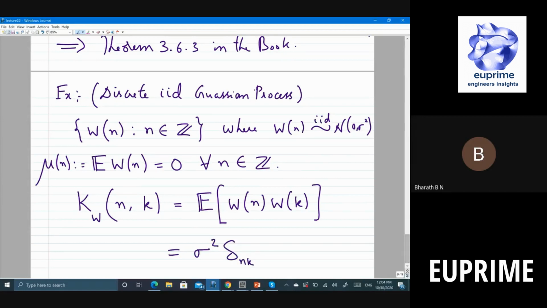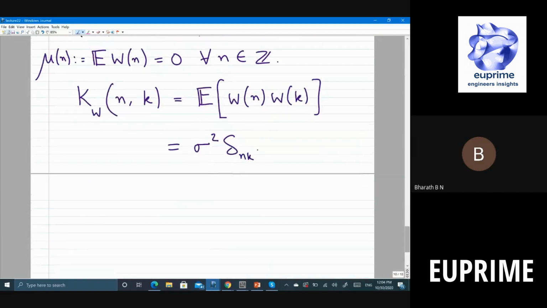You know what Kronecker delta is? This is not the Dirac delta. Okay, so I'll write this here: 1 if n equals k, 0 otherwise, right? So this is a simple process like this.